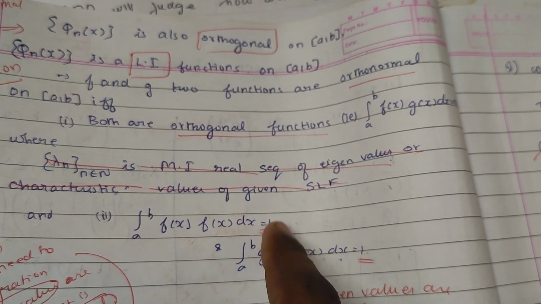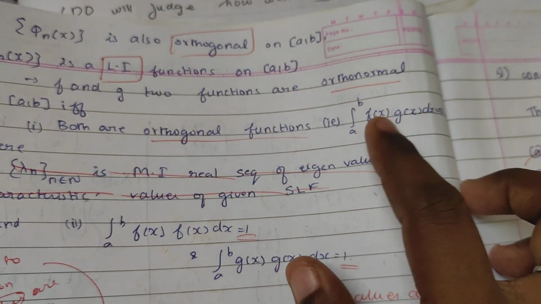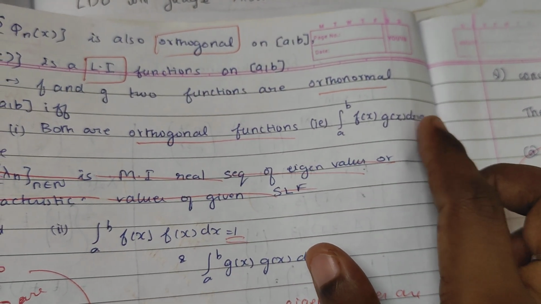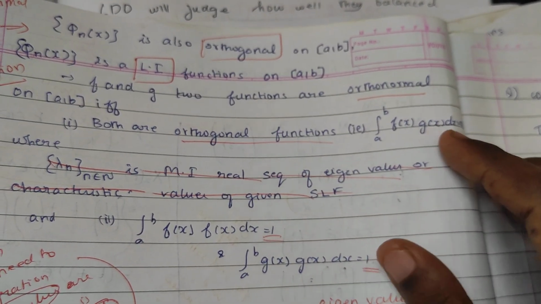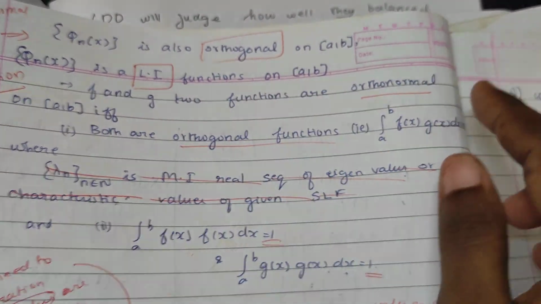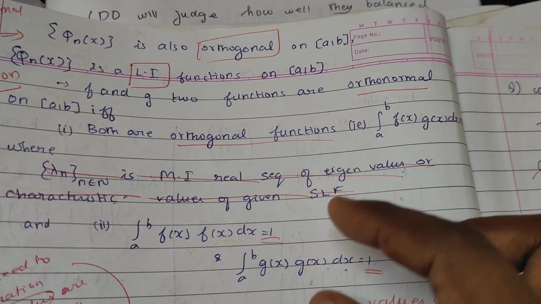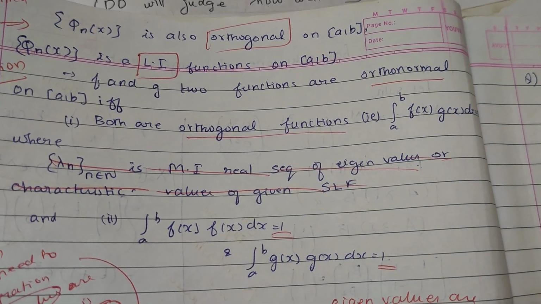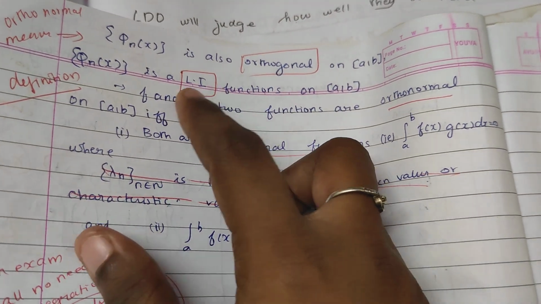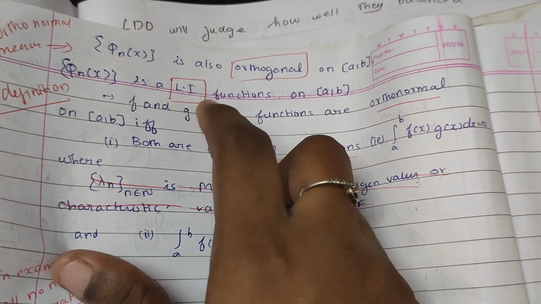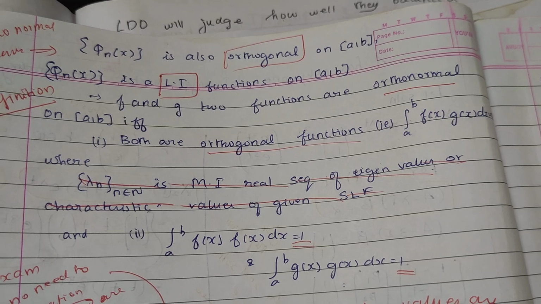If you have the same function, we should get the answer as 1. If you have different functions, we get the answer as 0. That is the definition of orthogonal functions. Suppose two functions are said to be orthonormal, then separately they should satisfy the condition of orthogonality. Understood? So these are all conditions, like phi n of x is a linearly independent function.